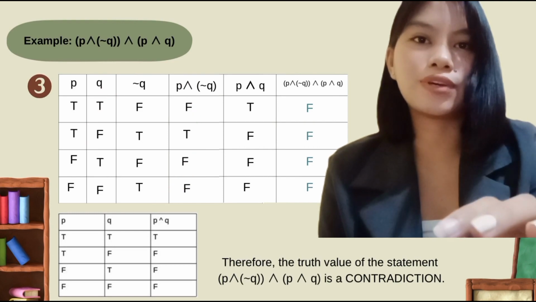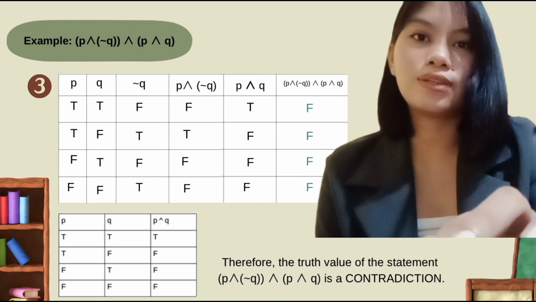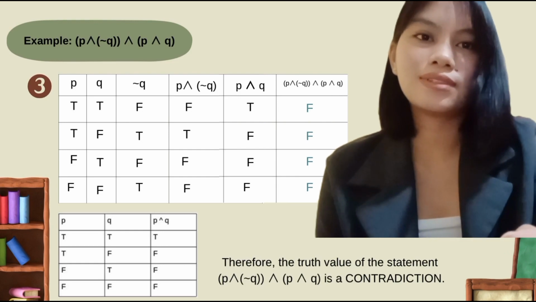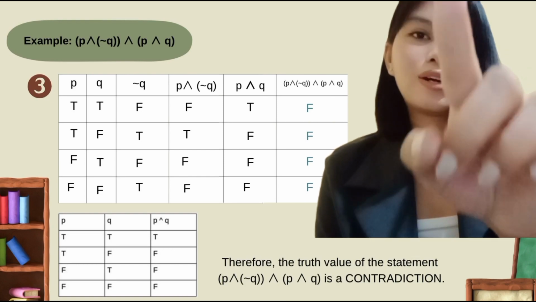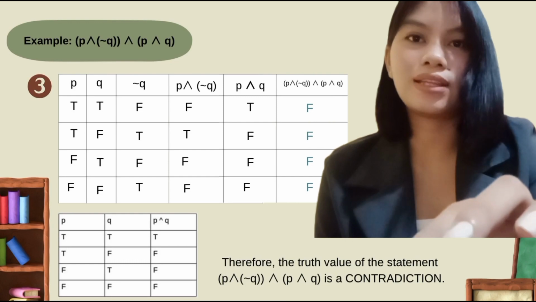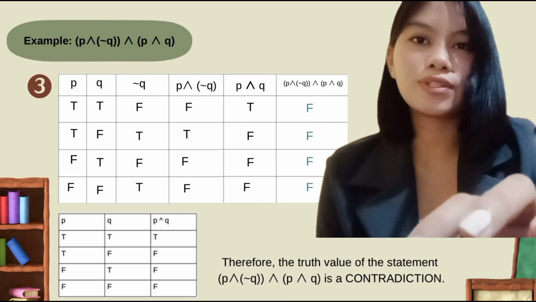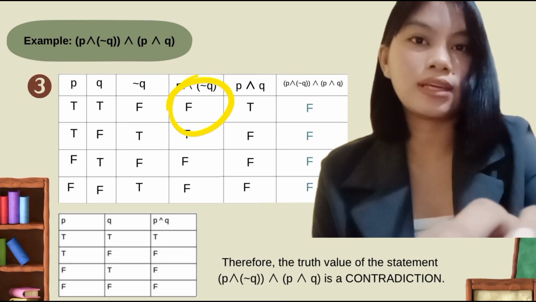Dito na tayo sa fourth column. Para makuha natin yung value ng P and not Q, titingnan lang natin yung truth table ng conjunction at saka yung first column and third column natin dito sa ating truth table. First column and third column ang nakalagay is true and false, so magiging false siya.